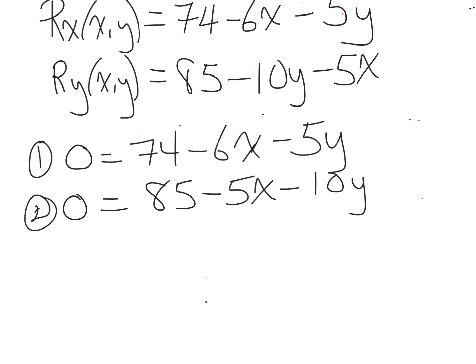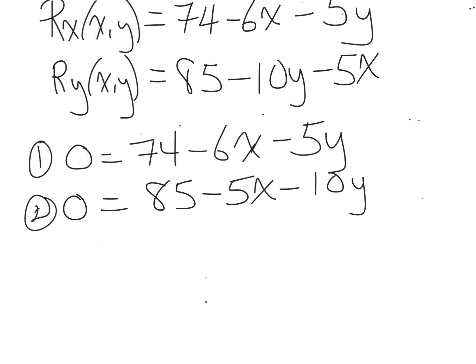So I'm looking now for an elimination strategy, and I'm looking through the coefficients, and I'm saying, well, minus 6 and minus 5, those are distantly related. So I move on to the y variable, and I say, well, minus 5 and minus 10. We're looking for multiples or factors, and I see that minus 5 is related to minus 10 by a factor of 2.